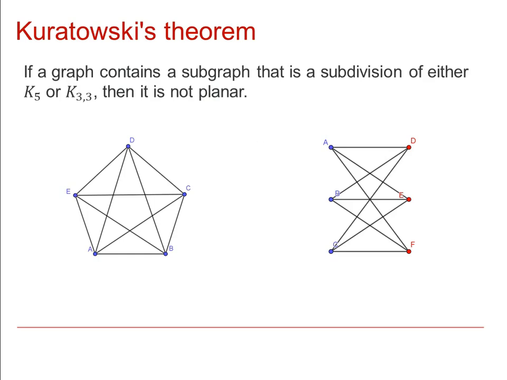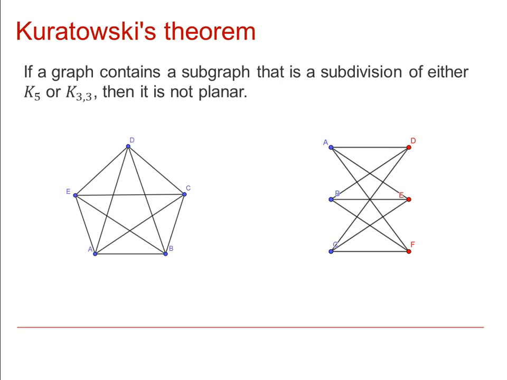Kuratowski's theorem says that if a graph has a subgraph, in other words part of it, which is K5 or K3,3, then the graph itself must be non-planar. That's clearly quite intuitive, because we know that K5 and K3,3 are both non-planar, so if we can find those inside a graph, then the graph itself must be non-planar.